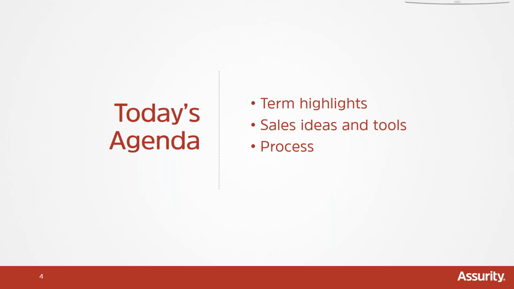We're really going to jump into the EApp process because that's going to be a really important component of being able to access that accelerated underwriting portion of the term product. So we're going to go through an EApp and make sure that you guys have that nailed down as well, because I think that's an important part, is to just know that it's a really easy process to work through.